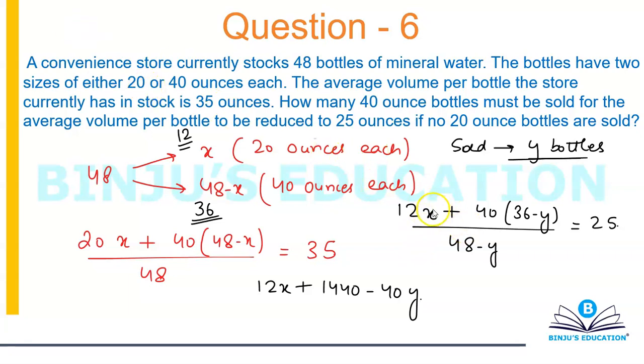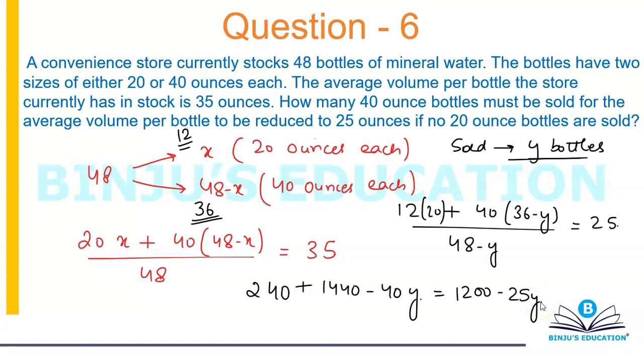It should be 12 into 20, because I have 12 bottles each of 20 ounces. I have mistakenly written it as x. So 12 into 20 is 240, minus 40y, that will be equal to 48 into 25, which is 1200, minus 25y.